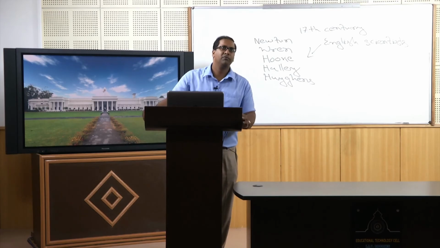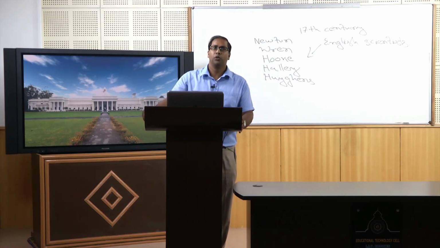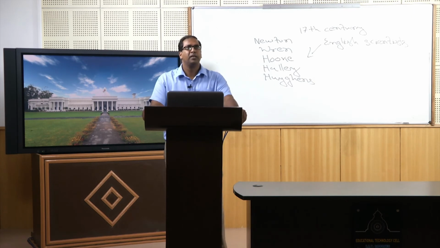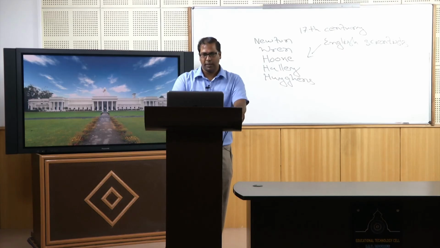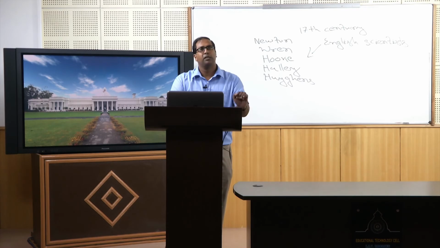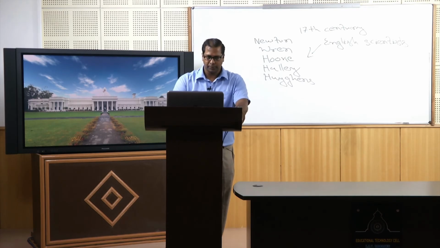The forest reserve was fast declining because of its extensive use. So that triggered interest in botany. The scientist wanted to develop botanical knowledge to solve the problem of timber and wood, which was essentially used in almost every industry in 17th century England.